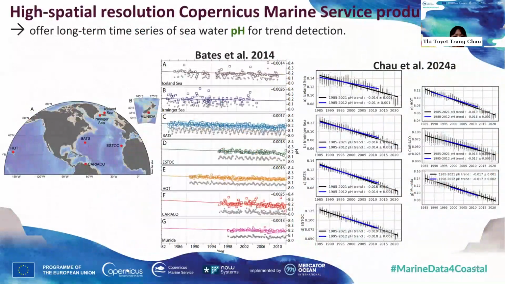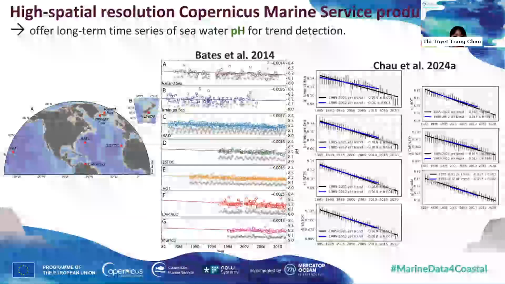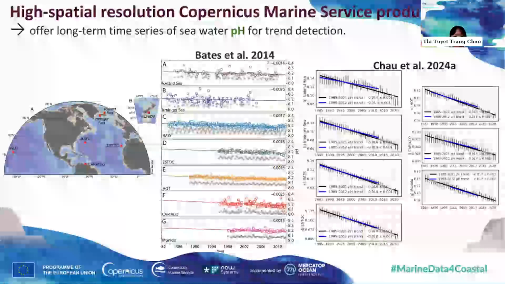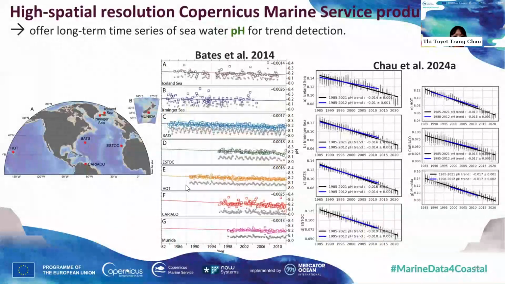And compared to pCO2, pH is rarely observed or subject to high uncertainty. So normally studies involved in the monitoring of ocean acidification and its effect on marine organisms or ecosystems have used observation data sets of alkalinity and pCO2 or DIC to derive pH, or pH can be measured directly.